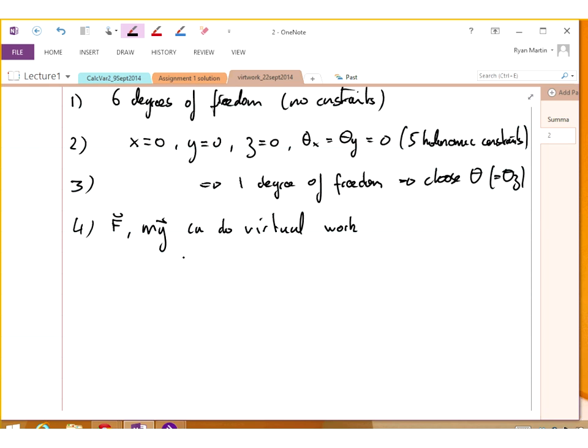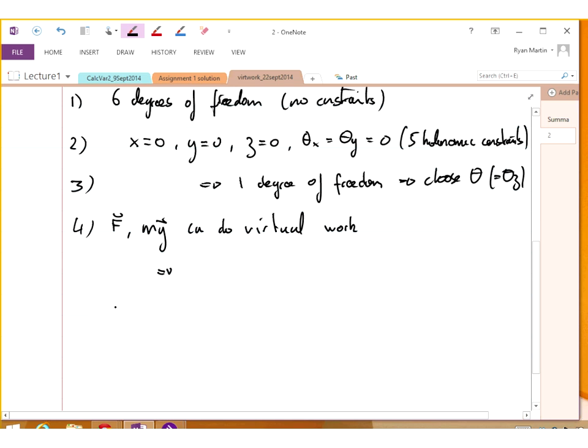So the total work, right, is going to be mg dotted with delta R1 plus f dotted with delta R2.